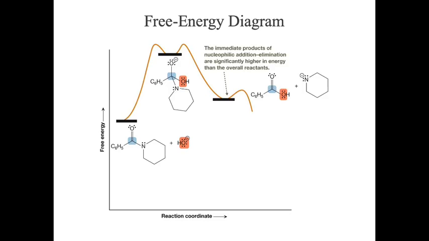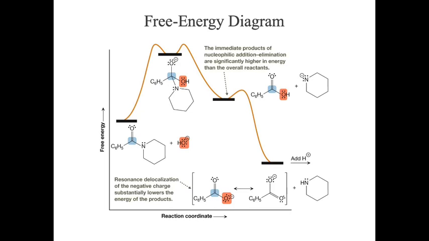There's this giant white space because there's more. We do the acid-base reaction that deprotonates. We now form the much more stable carboxylate, lower in energy than our amide. That's what's allowing that reaction to actually continue through. The next step is the acid-base, which becomes irreversible because we're throwing in a strong acid.